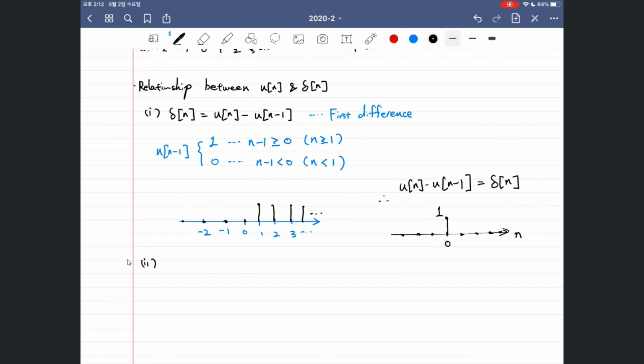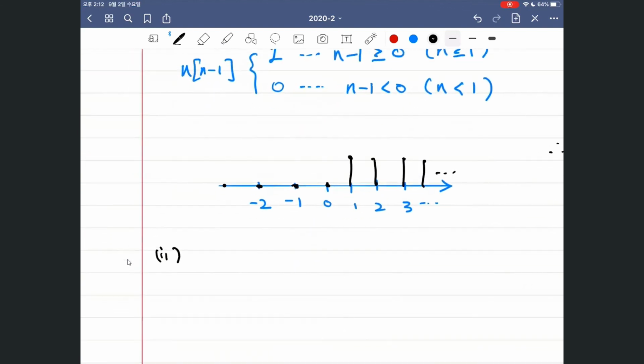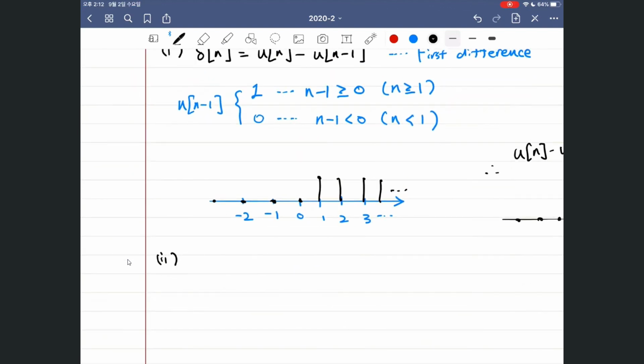So there are two ways. And the first one is expressing u[n] by delta by the infinite summation from minus infinity to n.